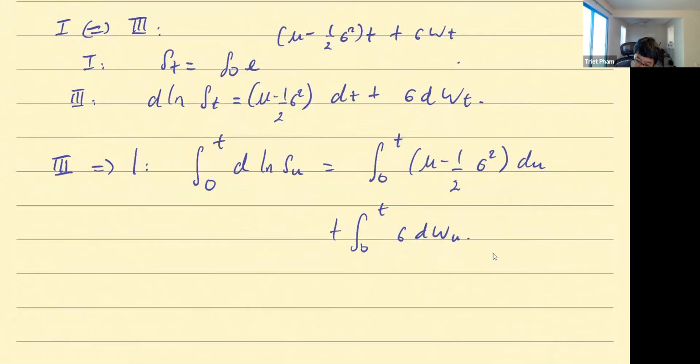These are all differentials, and adding the small changes gives us the big change. So here we got log ST minus log of S0. Integrating the right hand side is easy.